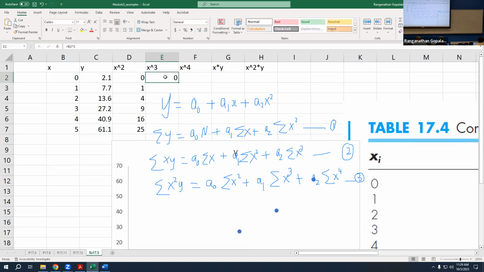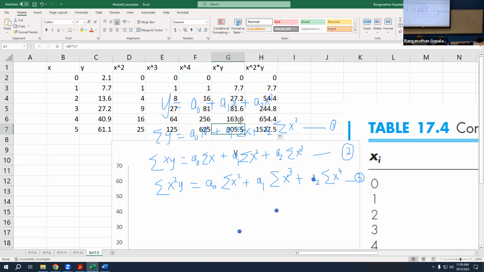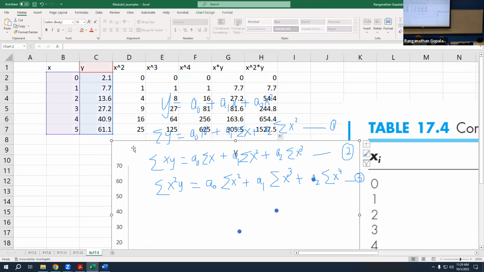Then x cubed, x to the fourth, xy, and x squared y. Please do these and check against the screen if you have done it right.